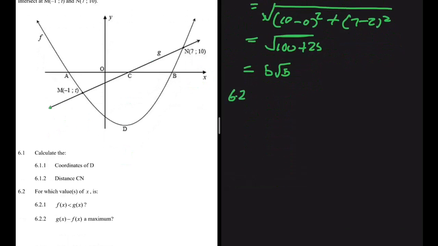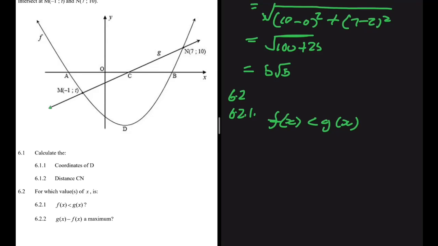Let's do 6.2 and then 6.2.1: for which values of x is f of x less than g of x? So we're looking for the x values where g of x is on top of f of x.